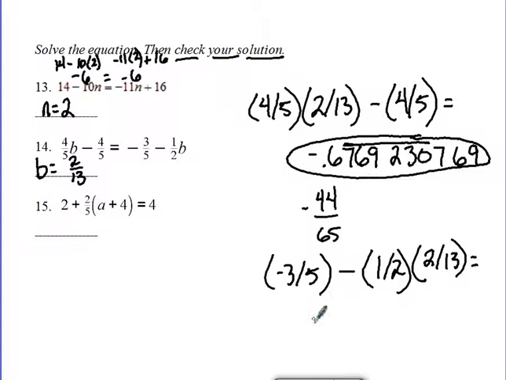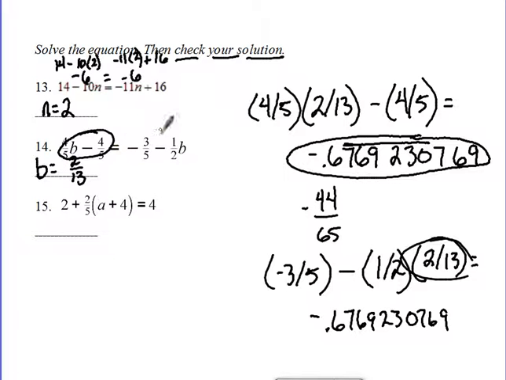And I got the exact same long decimal on the other side of the equation when I plugged in 2/13. Therefore, when I plugged in b equals 2/13, this side did indeed equal this side. Therefore, this had to be my correct answer.